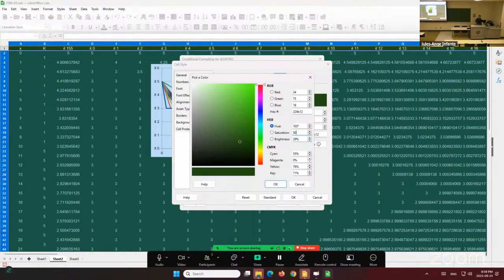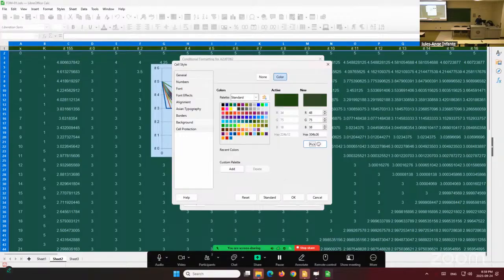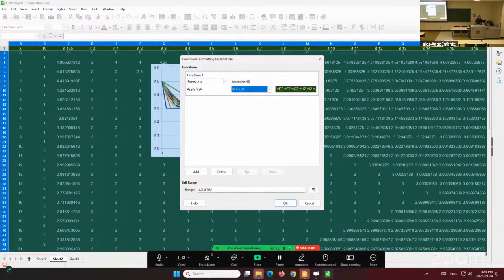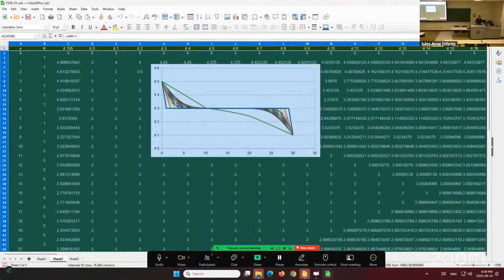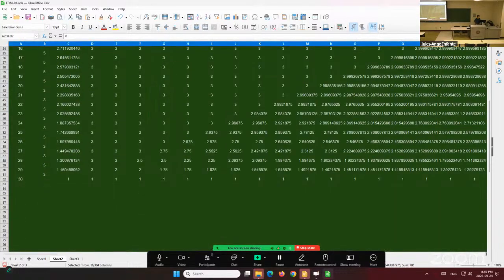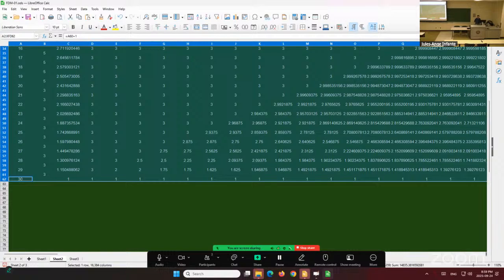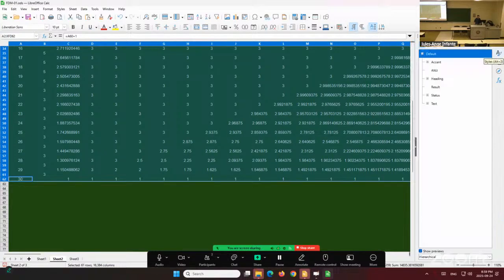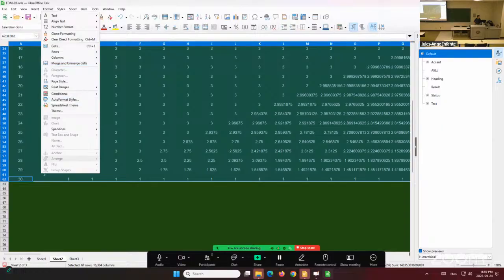Saturation 50%. Let me create the style first and out of the format. Additional.